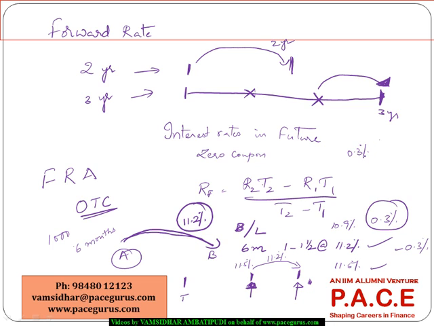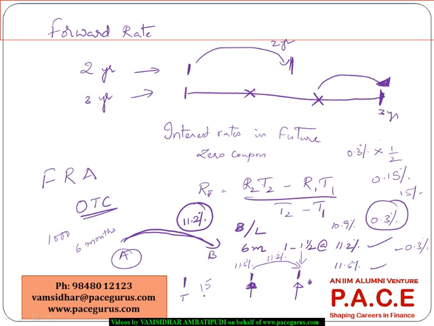This 0.3% is for 1 year, but his borrowing is only for 6 months. So he has got 0.15% for that 6 month period on the 1,000. So he is getting a $15 benefit when he is paying the loan.